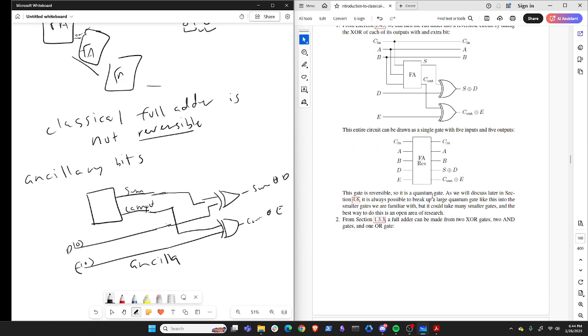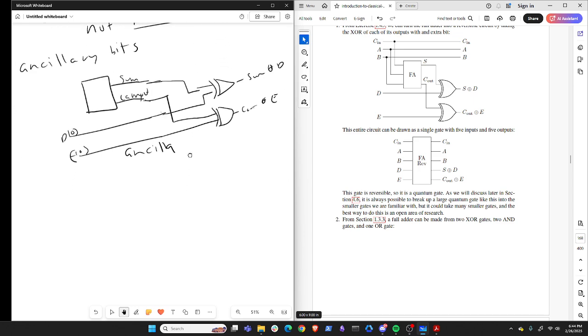And the way that breaks down then is that we need 5 inputs for each full adder. We need our C in, our carry in, our A, B, D, and E, and we're going to output, again, the same that we put in.